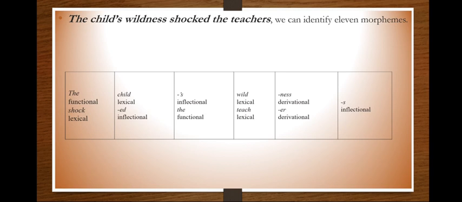Let's identify them. The first, the. Now the is a free morpheme, and among free morphemes it is a functional morpheme. And then we have child's. Child is a lexical free morpheme, and we can find the apostrophe s, which shows possessiveness.